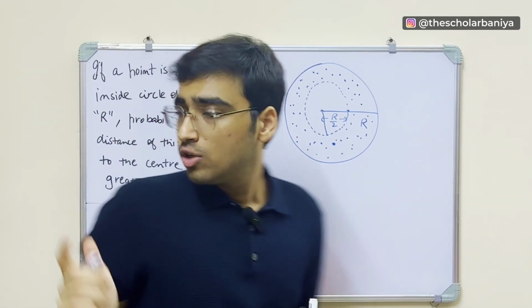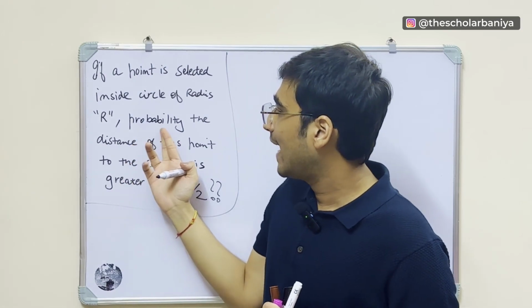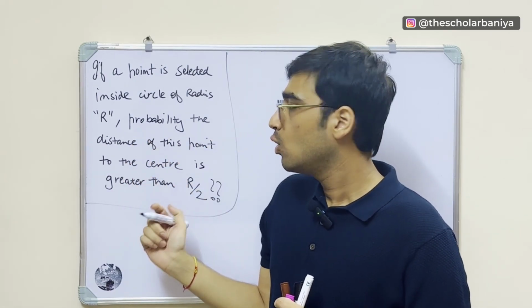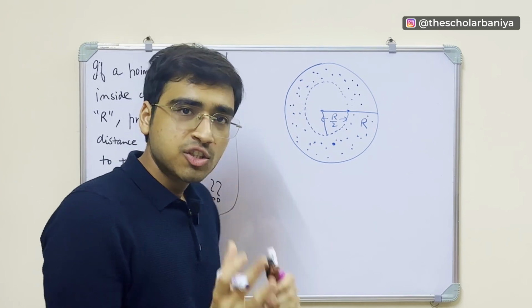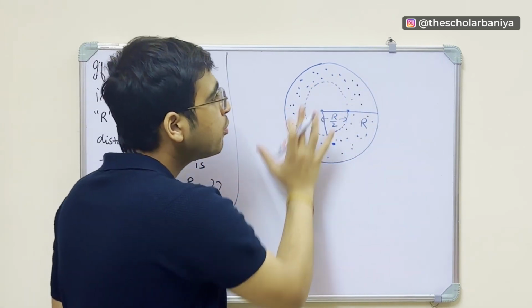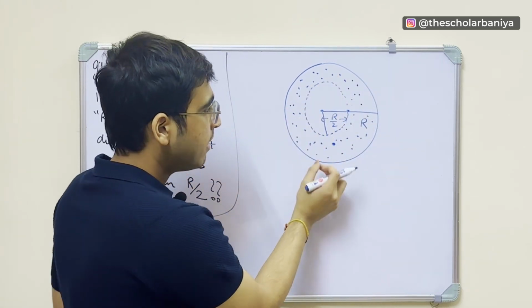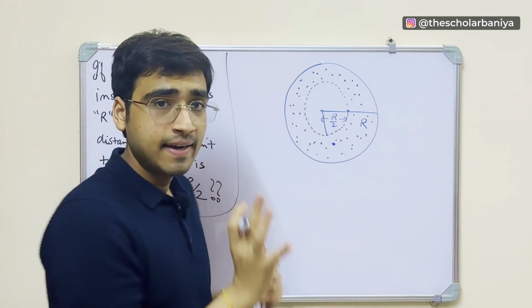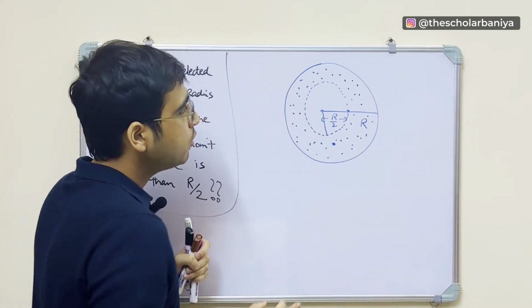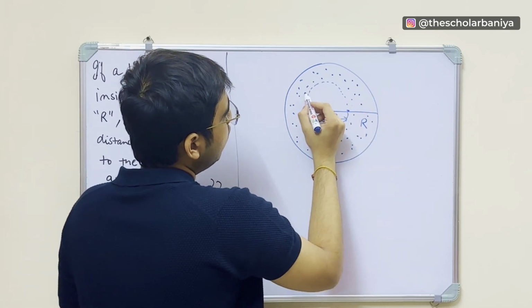Okay. So now we have to calculate the probability of all these points. In such types of questions, because we have so many points where the distance between the point and the center is greater than r by 2, what we do is find the area of this region.